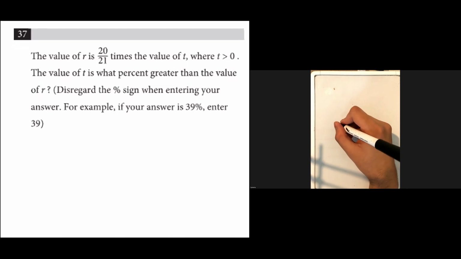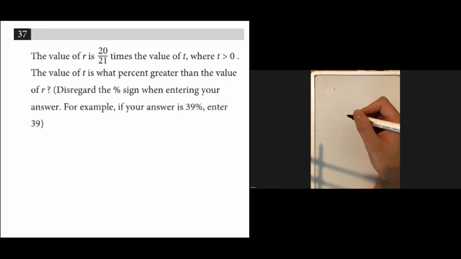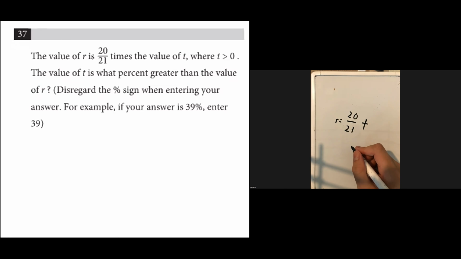Okay, so for this one, we're told that R is 20 over 21 times the value of T. And then it says the value of T is what percent greater than the value of R. It says percent greater, so I think it's 600, or is it?